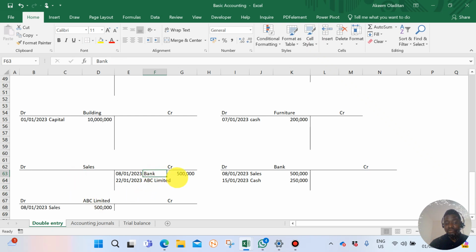Look at the difference between what we did before and this one. The first one, we said we sold goods and payment was made into bank. Because we received the money to bank, that's why I put bank here. And here, because we haven't received the money, it means there's a trade receivable. Who is the debtor to us? ABC Limited. That's why I put in the name of ABC Limited here. And the value of the sale is 180,000.